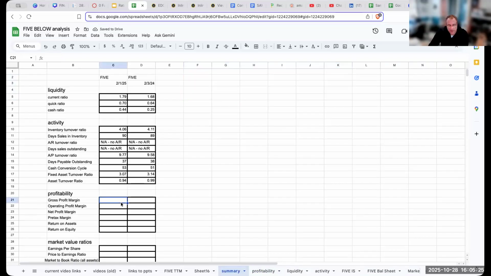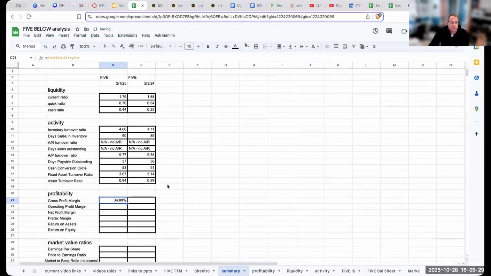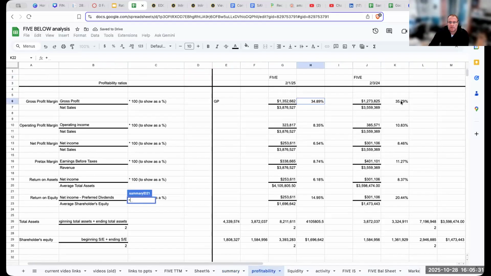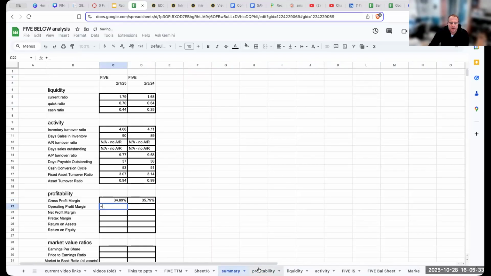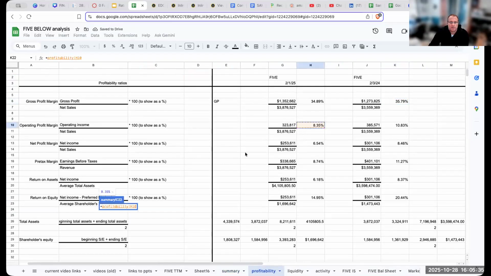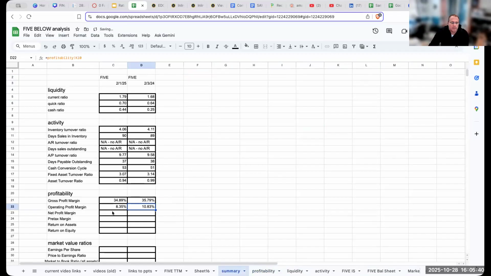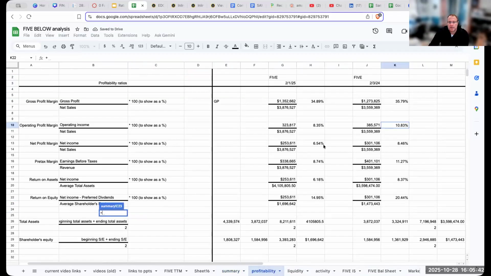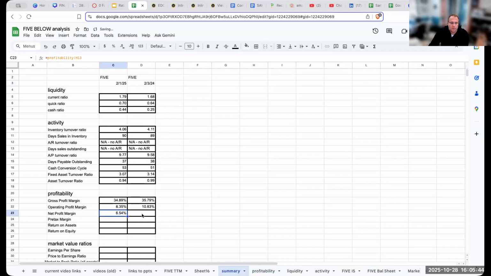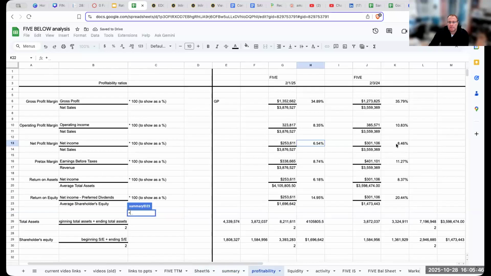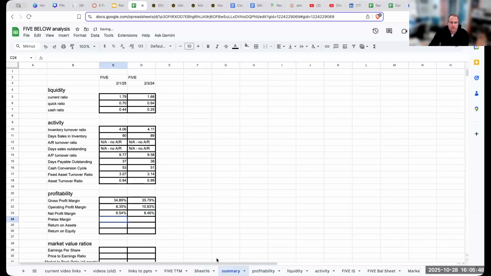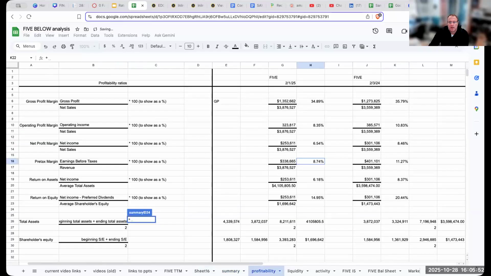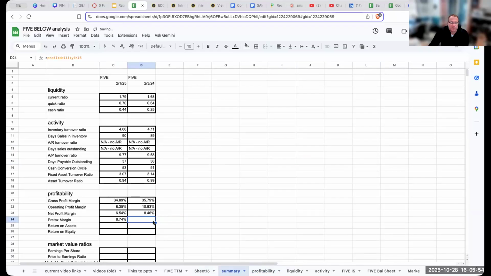So for my profitability right over here, my gross profit margin is going to be 34.89, 35.79. My operating profit margin is going to be 8.35 and 10.83. My net profit margin is going to be 6.54, and then 8.46. My pre-tax margin is going to be 8.74 and 11.27.